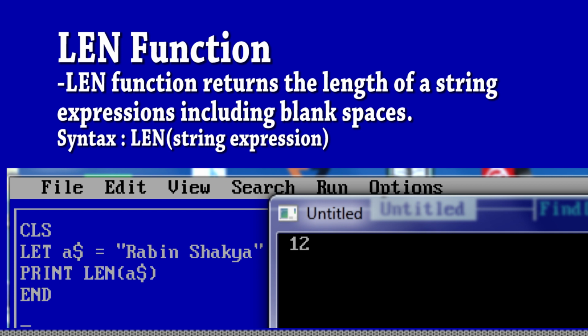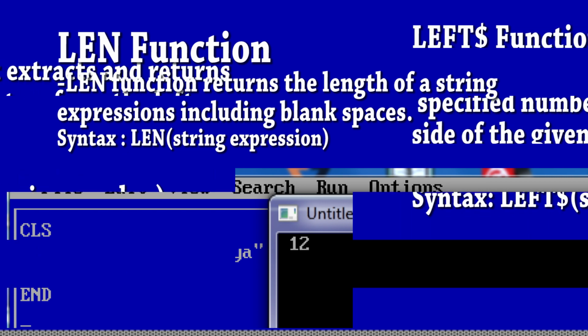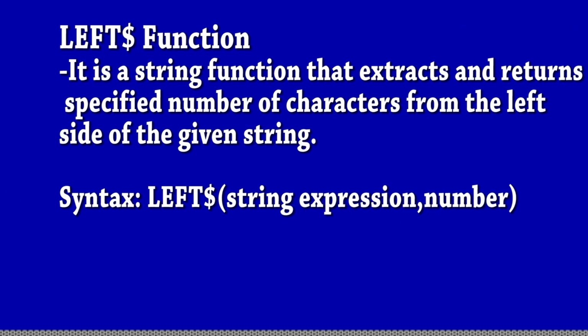Here you can see an example. Here A$ equals Robin Sakya, and here you can count that it is totally 12. It also counts the space between Robin and Sakya. Understood this? Okay, now I'll read another function, that is the LEFT$ function.